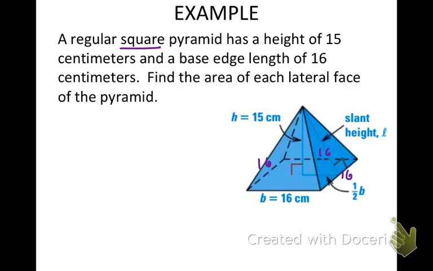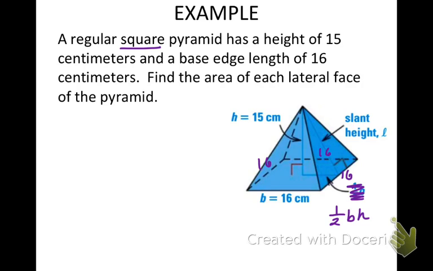I'm told that the height of my actual pyramid is 15, but I need to find the area of one of the lateral faces, which is a triangle. And to find the area of that triangle, we have to do 1/2 base times height.